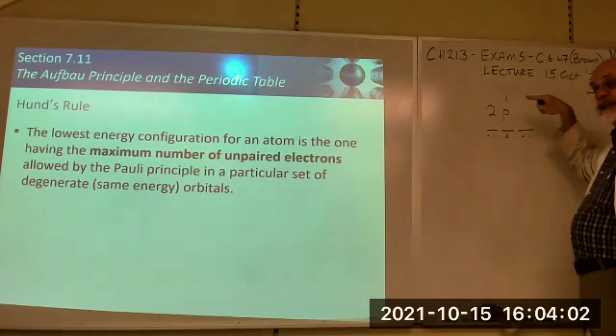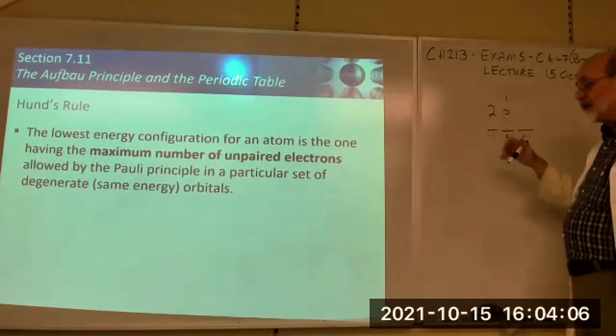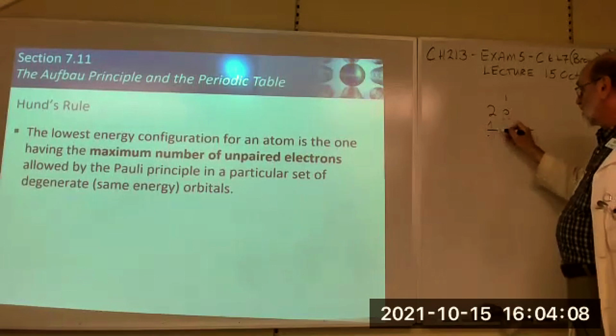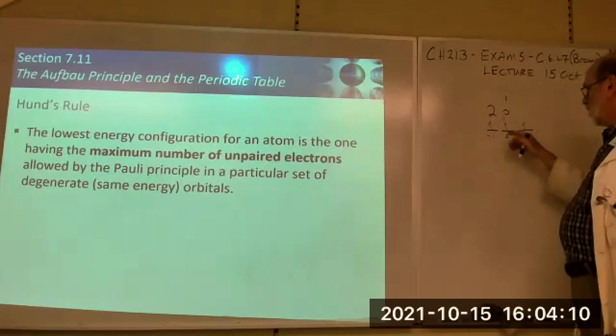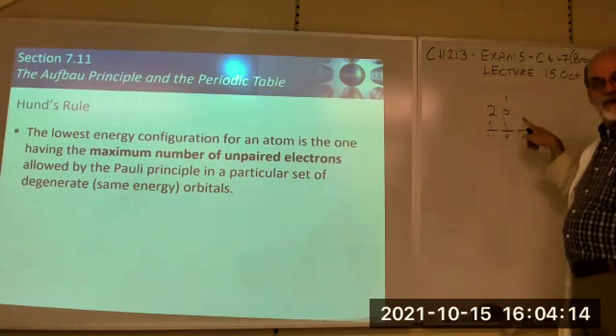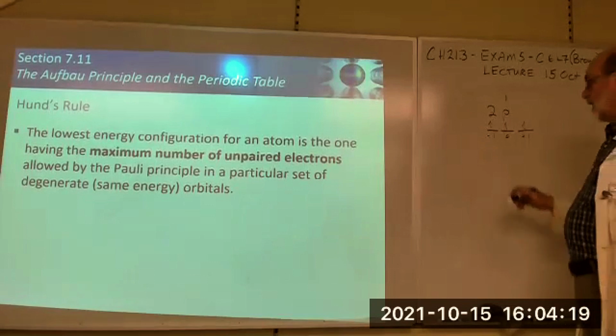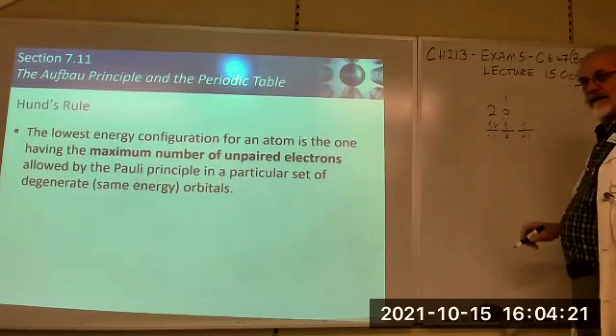If you've got electrons that need to go in that orbital, then as you add protons and you add electrons, they go in like this. Separate them first. And this means spin up, spin up, spin up. Like that m sub s number. And then spin down would be like that.